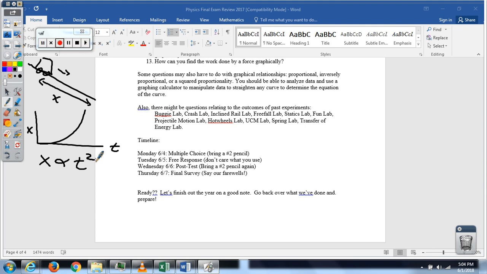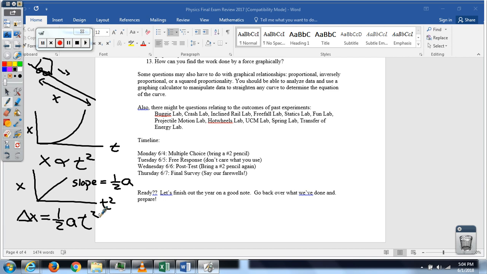And to straighten this graph, you need to square the times, and the slope equals half of your object's acceleration, which is the first place where we found that delta x equals 1/2 a t squared. The free fall lab was where we found out that the free fall acceleration was 9.8.